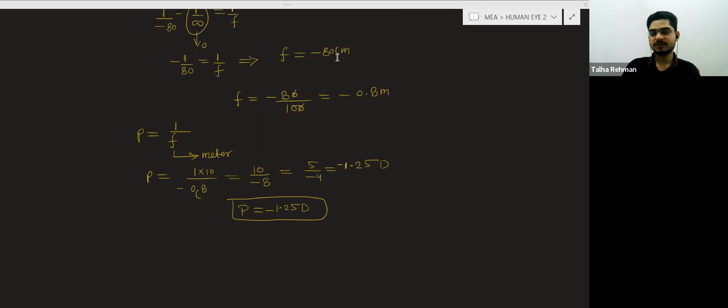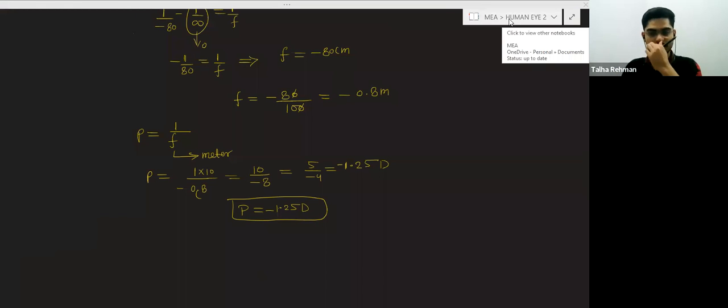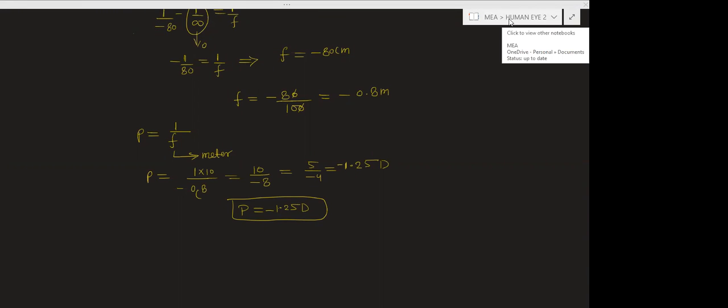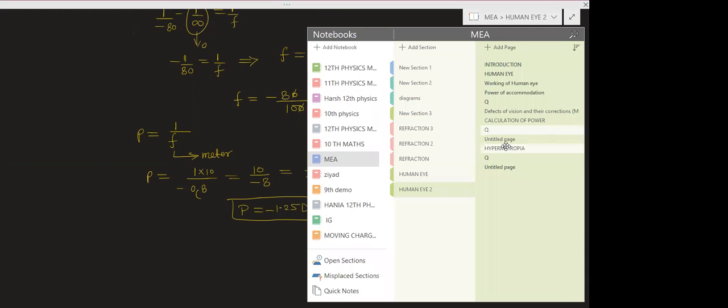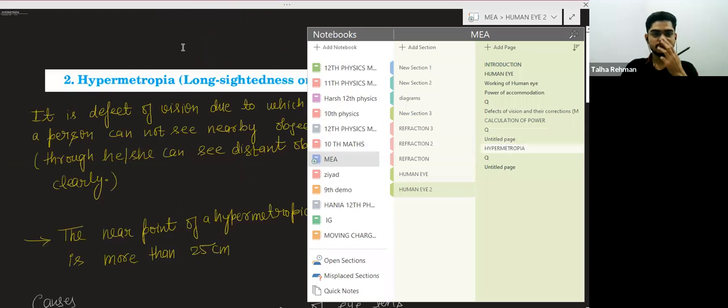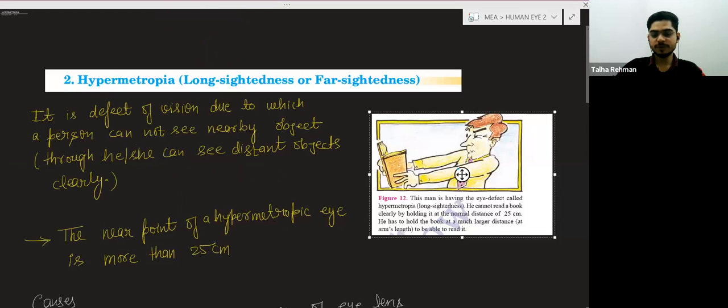Write down fast. Yeah, done, sir. Okay, so write down this. Removing this diagram.